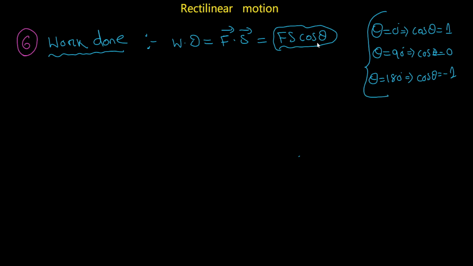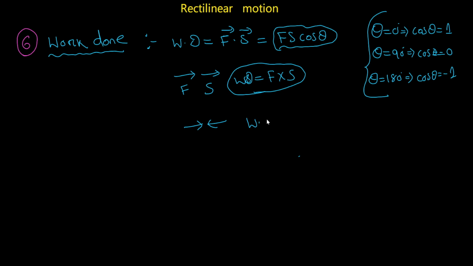So if the force vector and displacement vector have theta equal to 0 degrees, the work done will be the force into distance. If they are in opposite directions, the work done will be minus F into S. Not the cross product, I'm just writing normal algebraic multiplication.